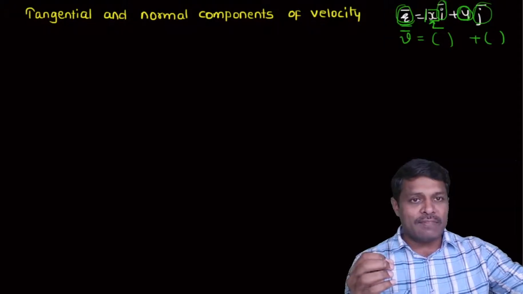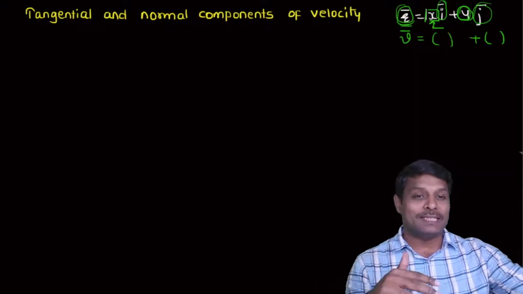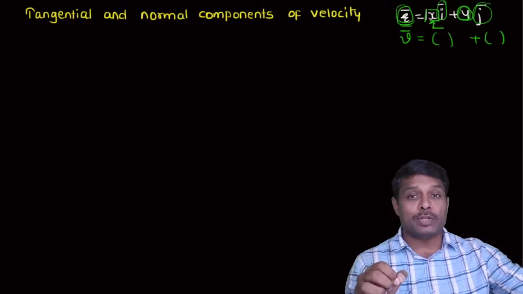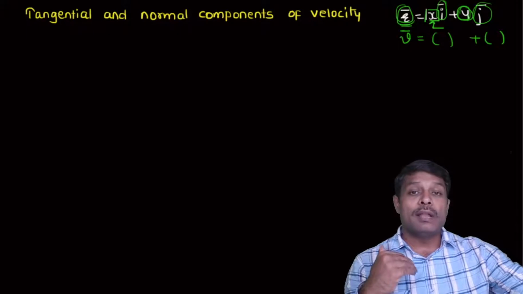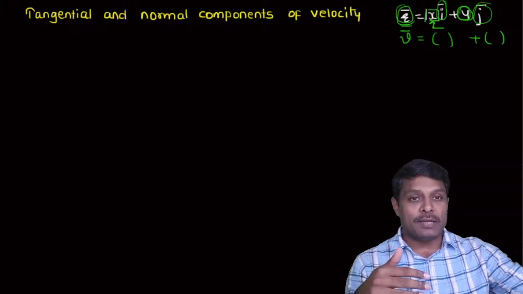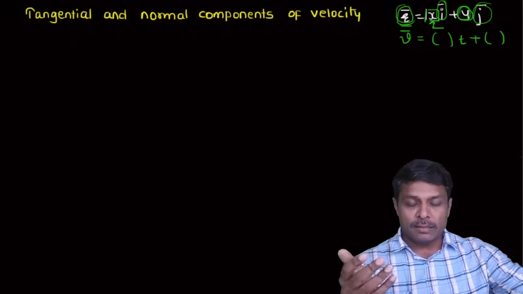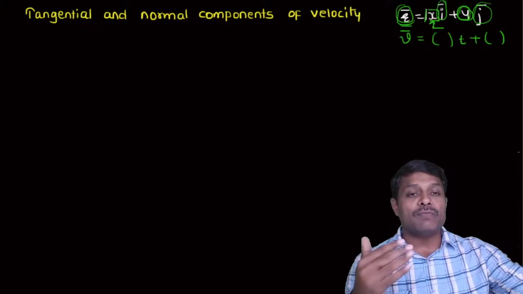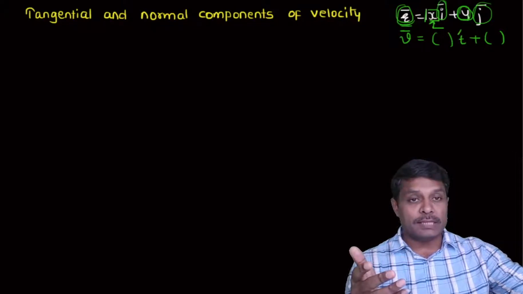But if I write i bar here, this will become a component along the x-axis. But I need the component of velocity along the tangent. That's why, instead of i bar, we have to take the unit vector along the tangent, that is t cap. And for the normal component, we have to take n cap.